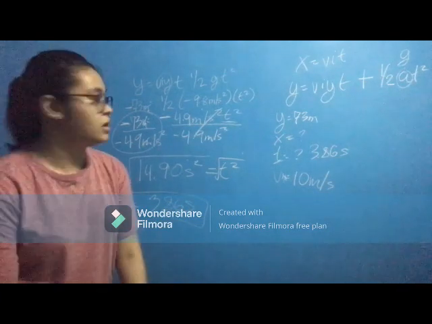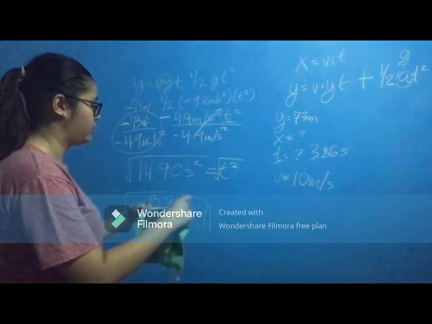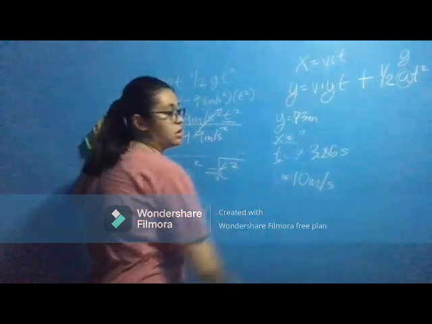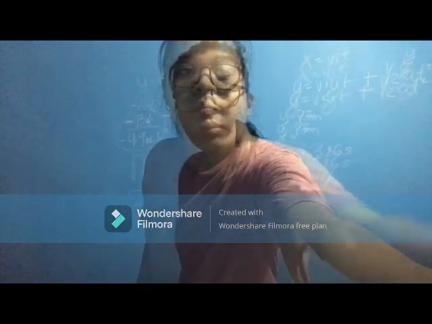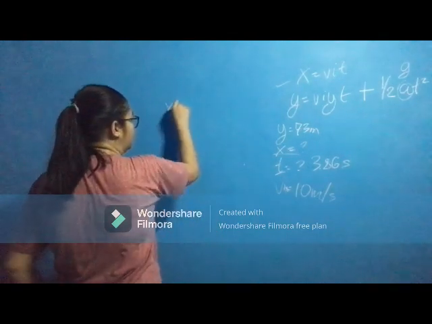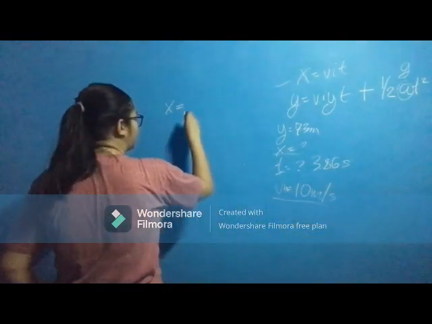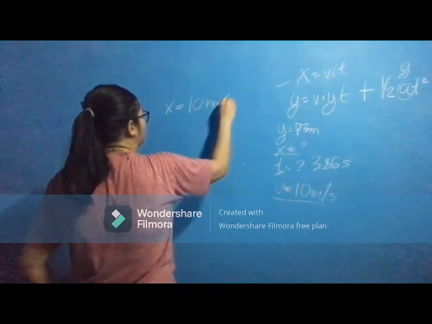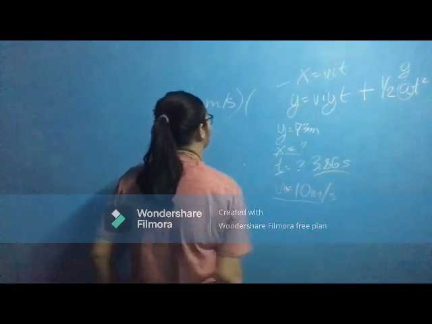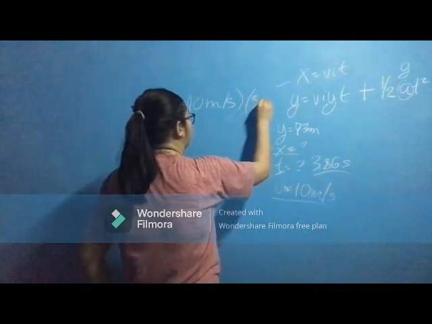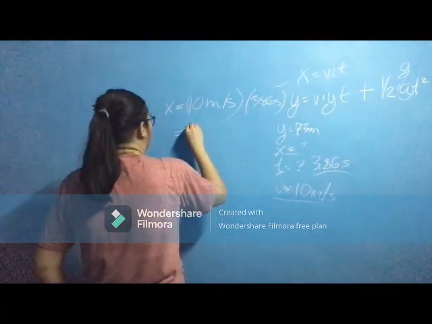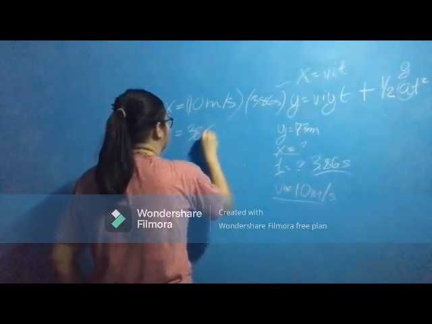This is another way of doing that, using the actual equation itself. So now let's move forward on finding the horizontal distance. Let's use this equation. So x is equal to the initial velocity, 10 meters per second, multiplied by the time of flight, 3.86 seconds, which leaves us with 38.6.